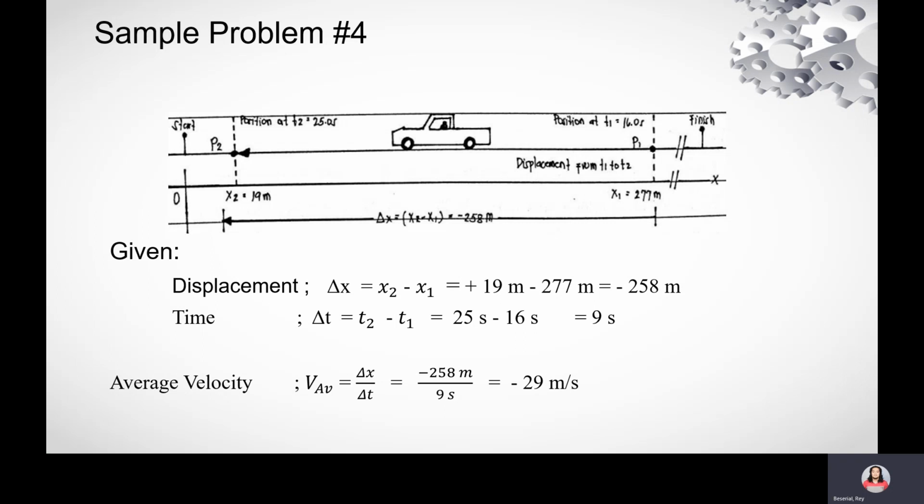So, we just substitute the values in our equation for average velocity. So, we have negative 258 meters over 9 seconds. So, calculate that, input it in the calculator, and a value of negative 29 meters per second will come out, going west.